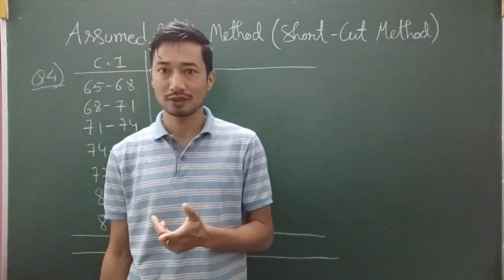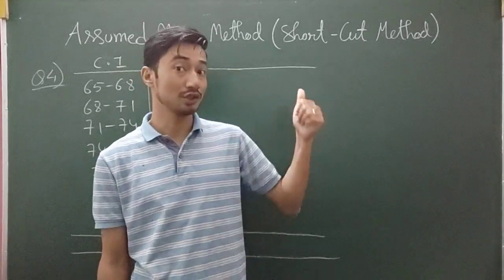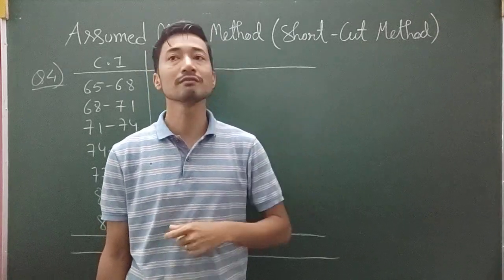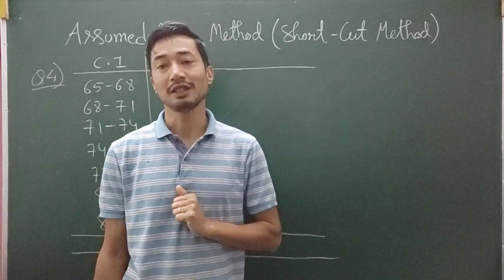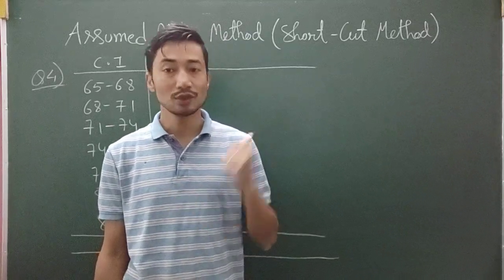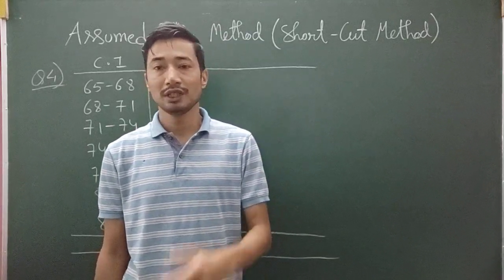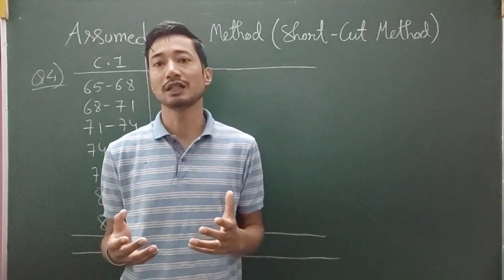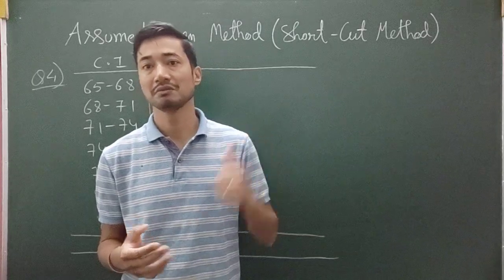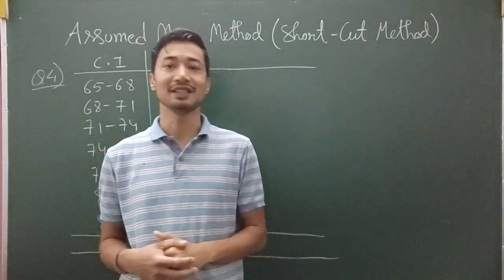The assumed mean method is also known as the shortcut method, but I prefer the step deviation method. Anyway, since the methods are all given to us, today we will be learning how to find the mean of grouped data using the assumed mean method.